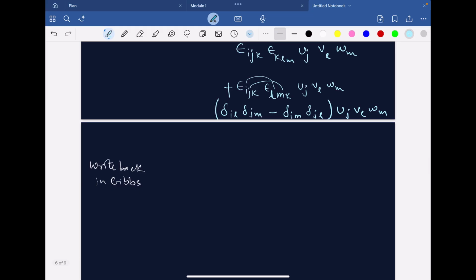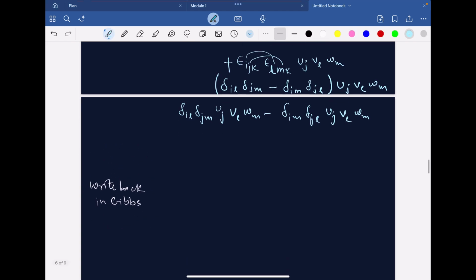You can expand them and write delta il, delta jm, u_j, v_l, w_m, minus delta im, delta jl, u_j, v_l, w_m. Now what do we have here?